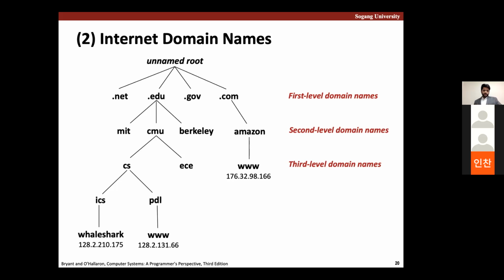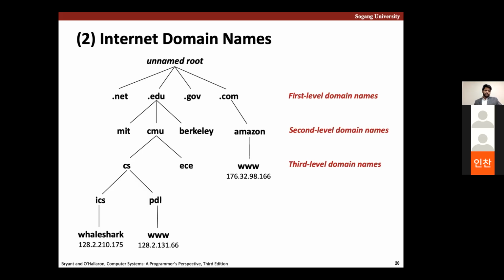For example, in Korea it's .ac.kr. At the next level are the second level domain names, such as emu.edu or sogang.ac.kr, which are assigned on a first come first serve basis by ICANN. From the third level onwards, the organization is free to create its own third level and fourth level domain names.